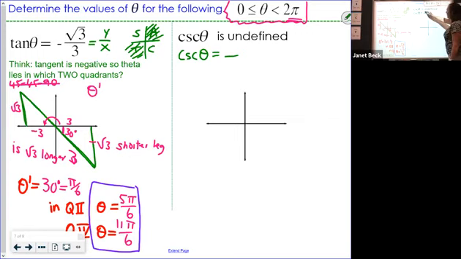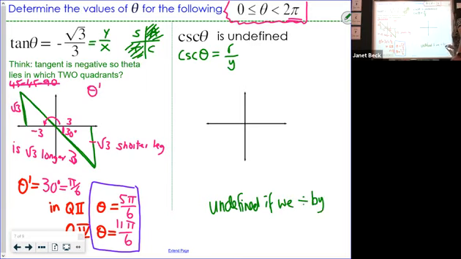You need to know these. It's r over y. How do we get undefined? Okay, we get undefined if we divide by 0. So this means our y must equal 0.